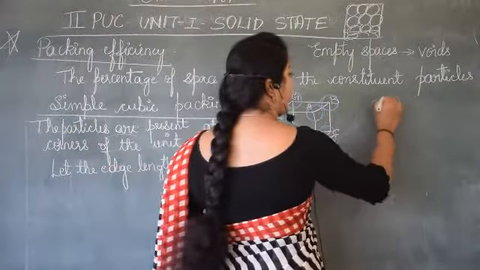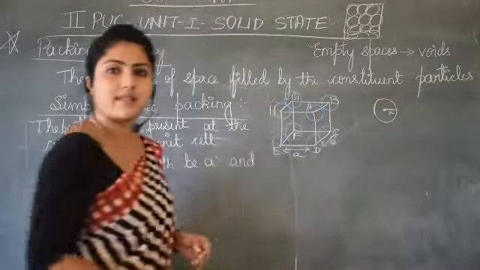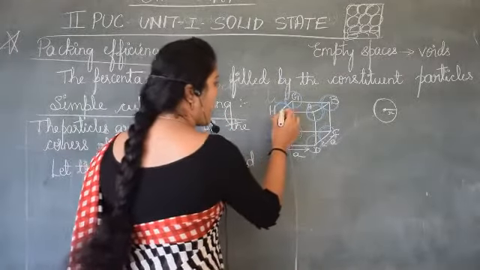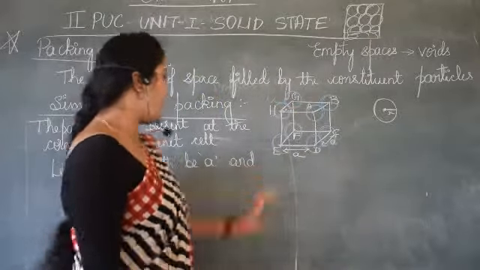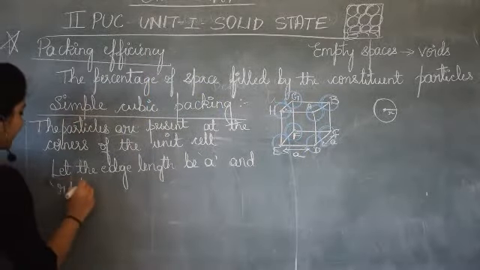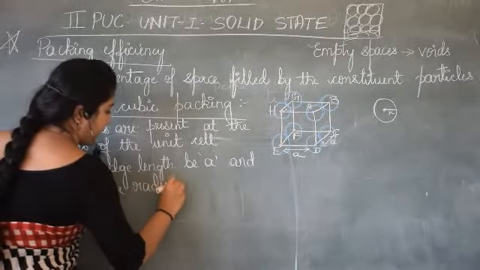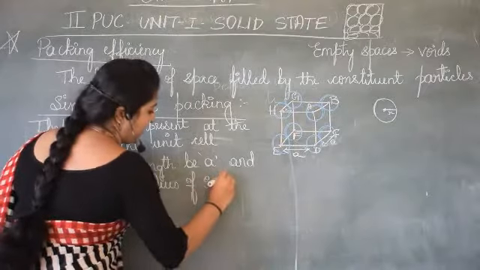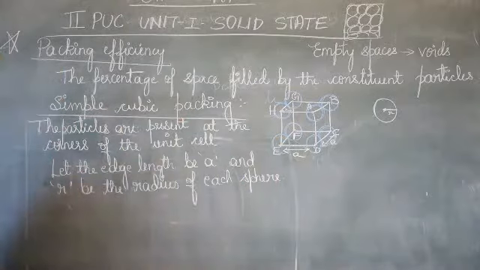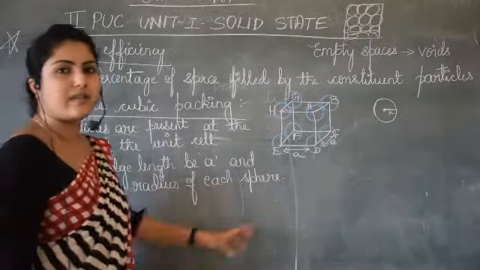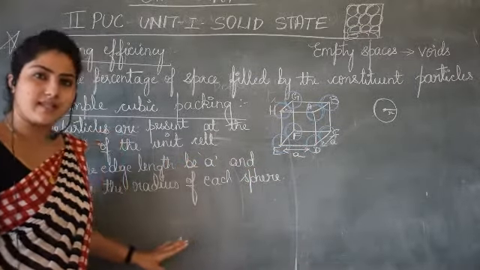See here, if this is an atom, then half of this is the sphere's radius, R. So let R be the radius of each sphere. Hope I'm making it clear to you. You're just considering the edge length as A and radius of the sphere as R.